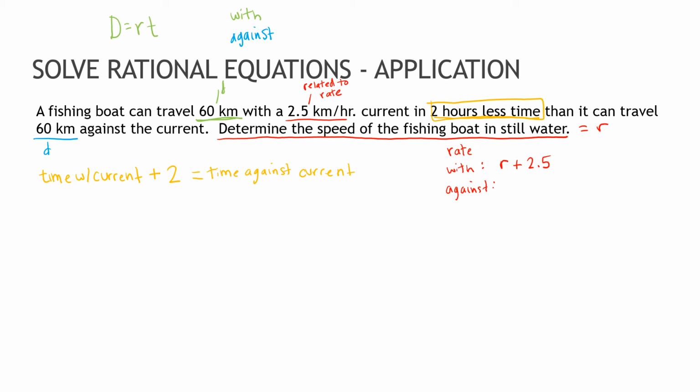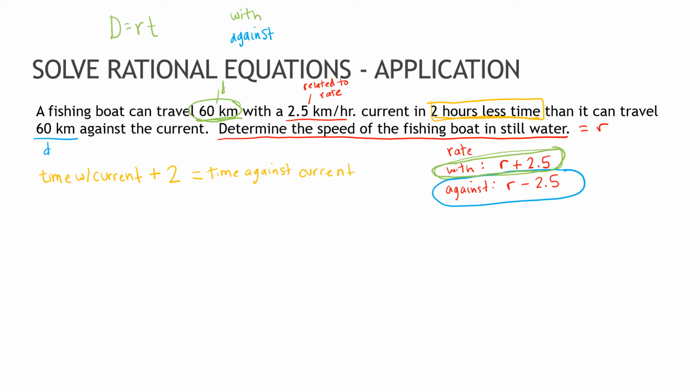Sorry about that. I'll circle it in green. Against the current, I'm still going R speed in my boat, but I'm feeling like I'm going not quite as fast, because I am going against the current and it's making me go slower. So now I have with the current, against the current, and that's a rate, and here's my distance. Here's my distance and here's my rate for with.